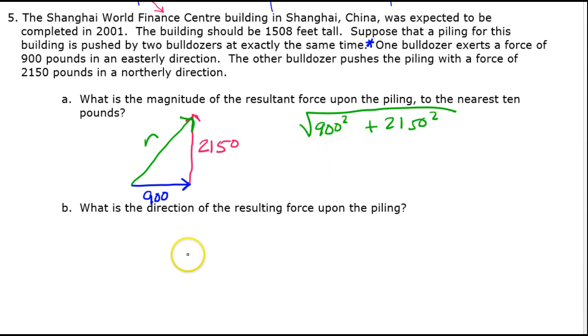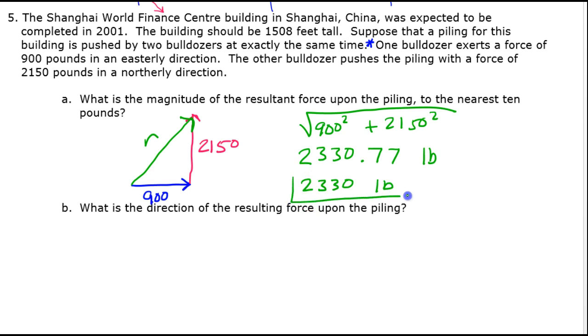I'll just put this in my calculator off camera. This magnitude turns out to be 2,330.77 pounds. But they said to the nearest 10 pounds, so if I round this, I would just say 2,330 pounds. That's the magnitude of the resultant force.